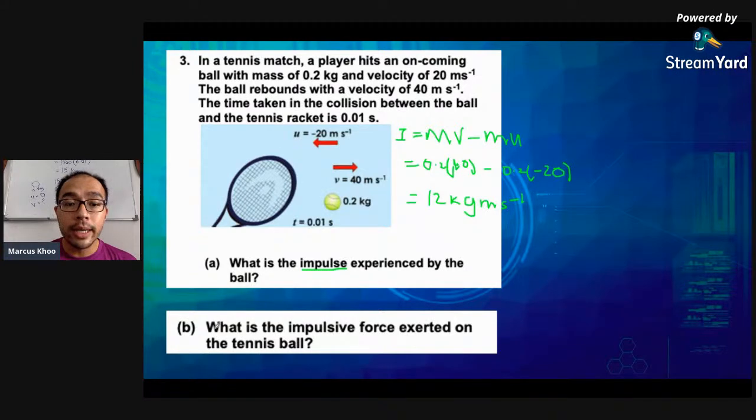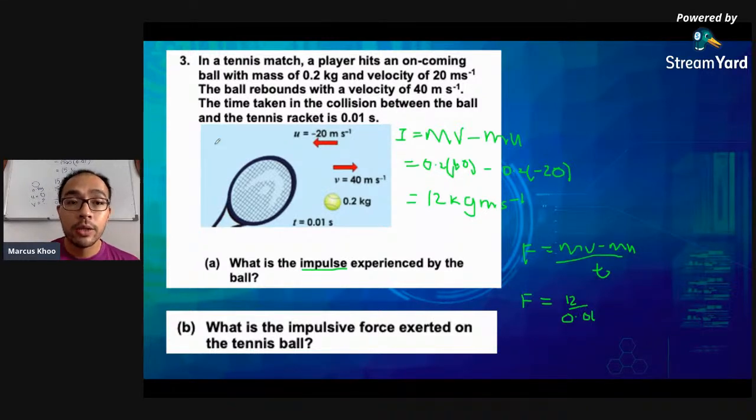So what is the impulsive force exerted on the tennis ball? Which we have calculated before. F equals mv minus mu over t. And we have just calculated the impulse, which is 12. So the impulsive force is 12 over 0.01.